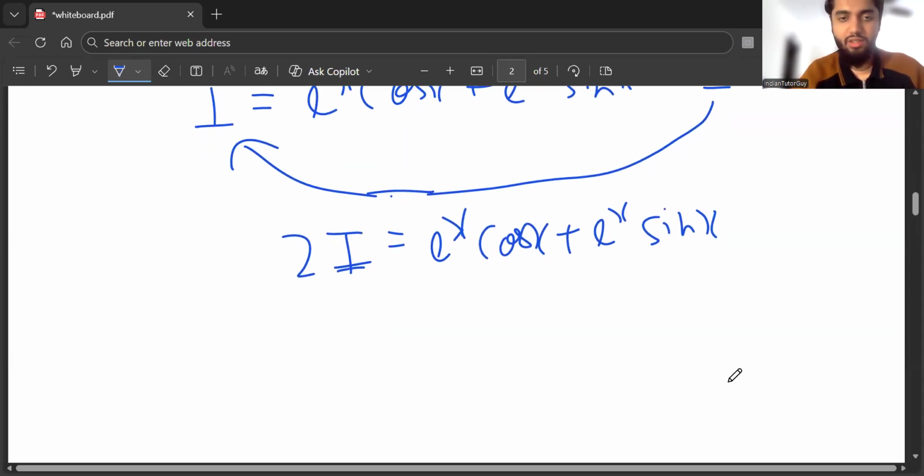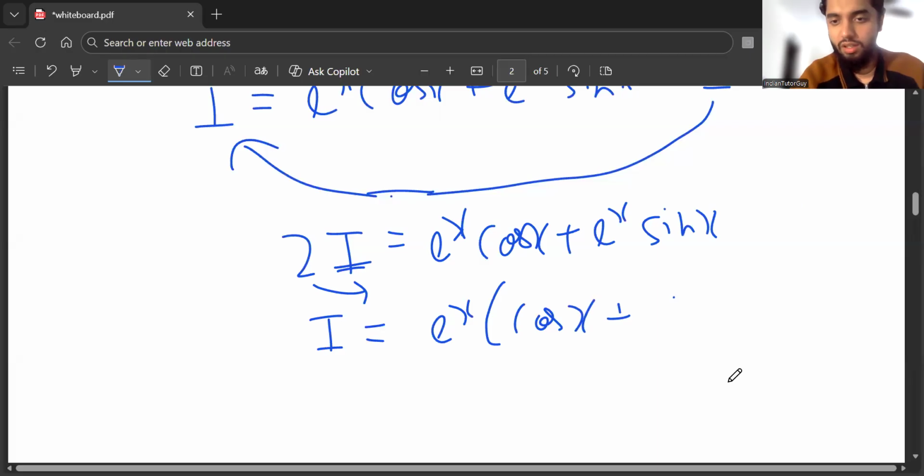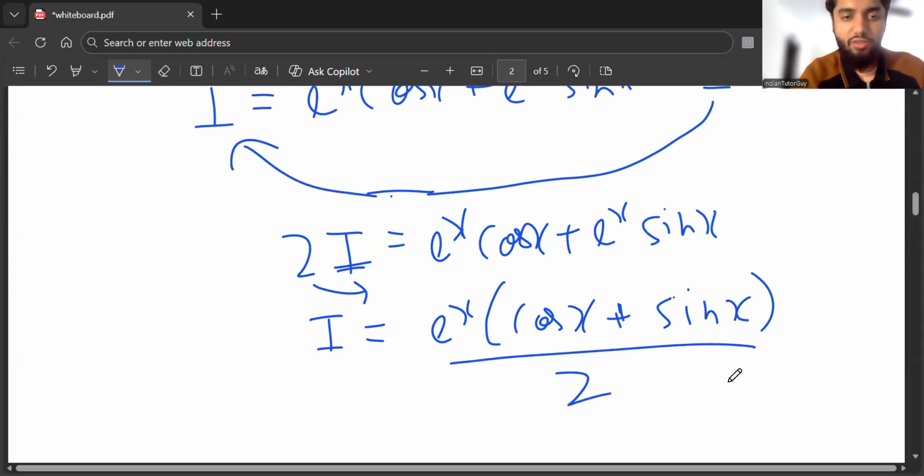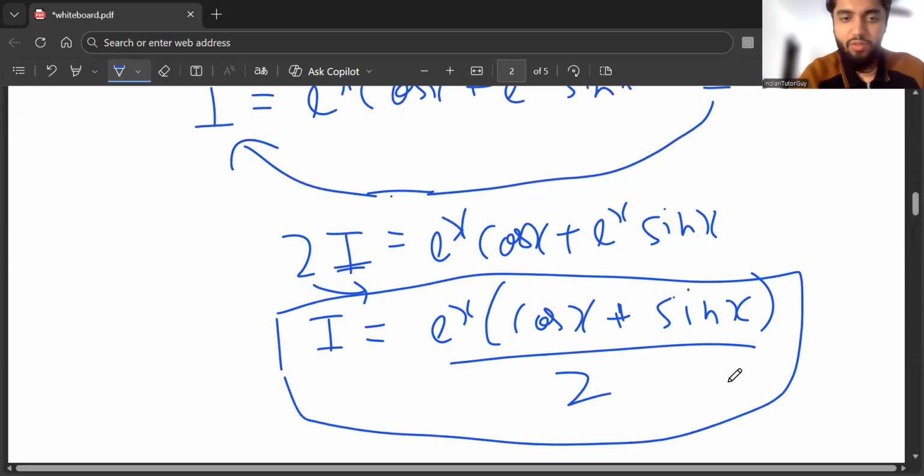And yeah, that's it. We bring the 2 over to the other side, and we get I equals, I'm gonna factor out e to the x just because we can, and all that over 2. And that would be our final answer.